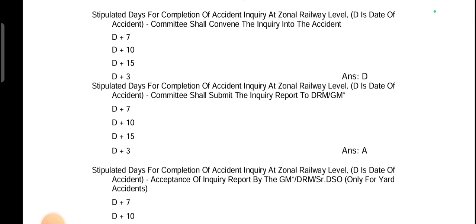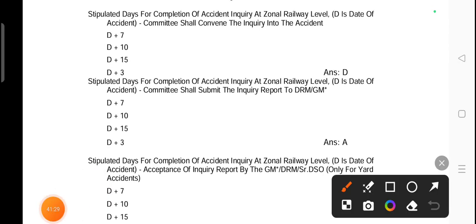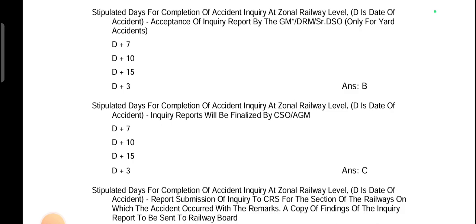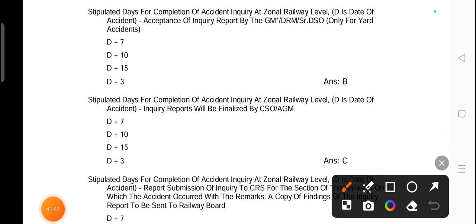Stipulated days for completion of accident inquiry at zonal railway level: D+3. Stipulated days for completion of accident inquiry at zonal railway level: D+7. Stipulated days for completion of accident inquiry at zonal railway level: D+10.